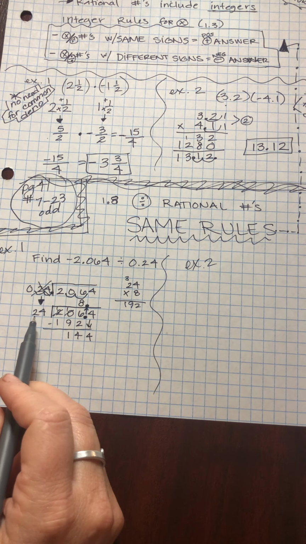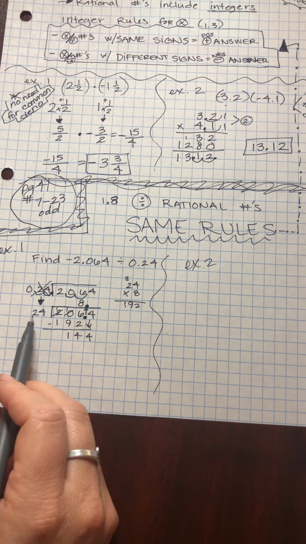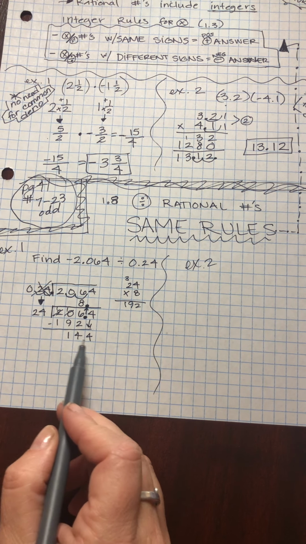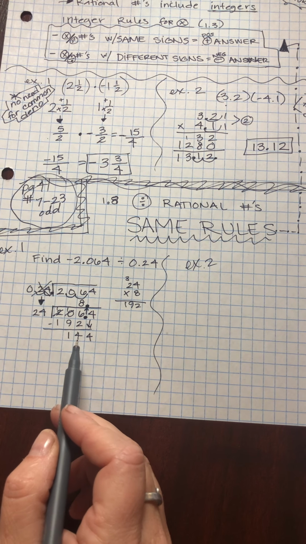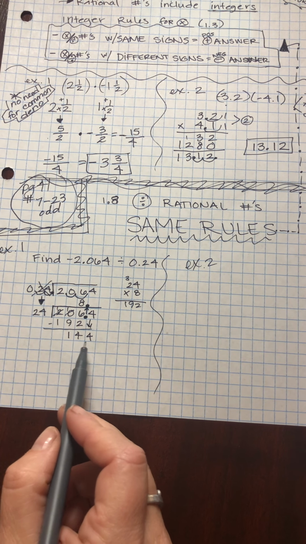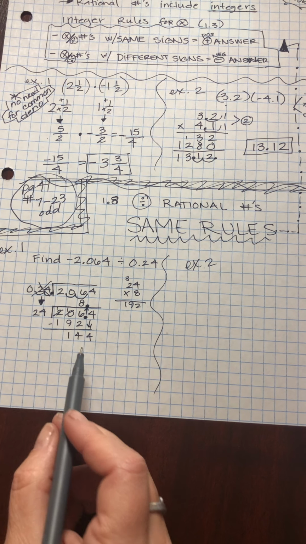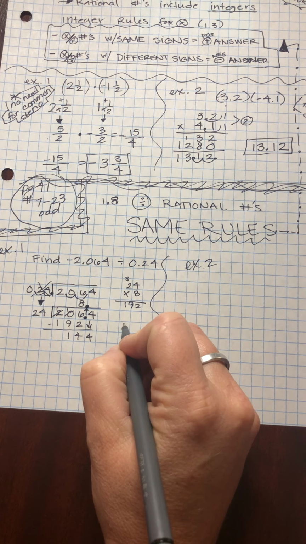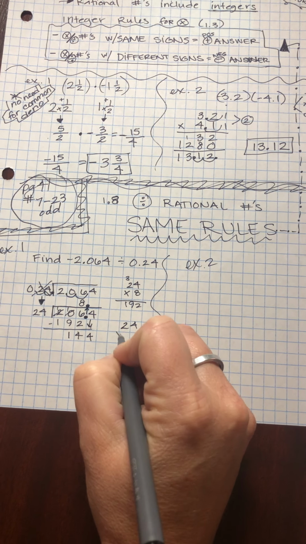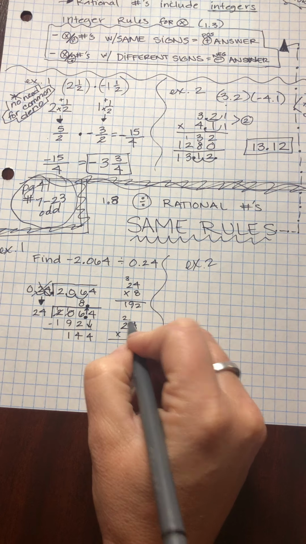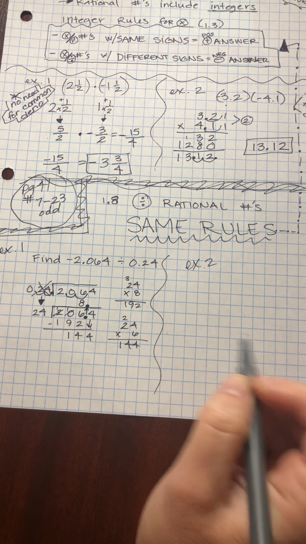Now again, if I'm thinking of quarters, 25, it takes 5 of these to get to 150. Is that right? 6. It takes 6 of them. So that'll be my guess. So 24 times 6: carry the 2, I get 144.